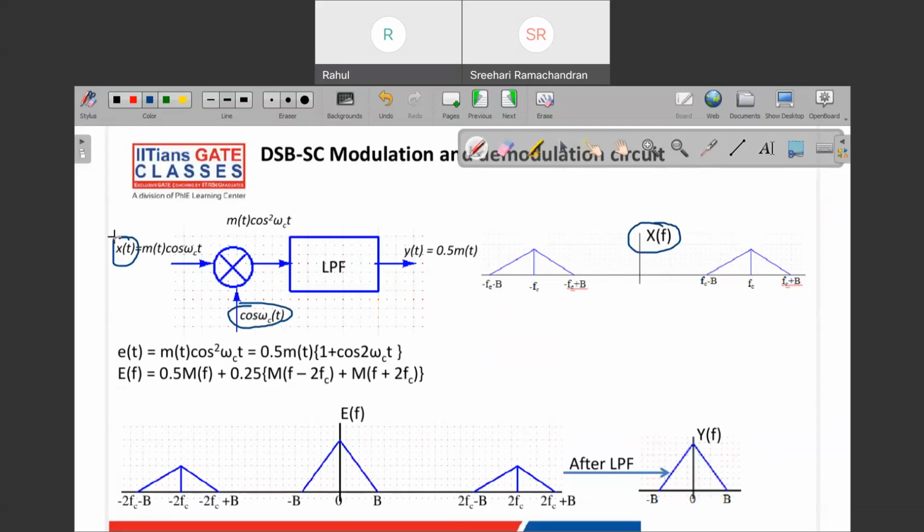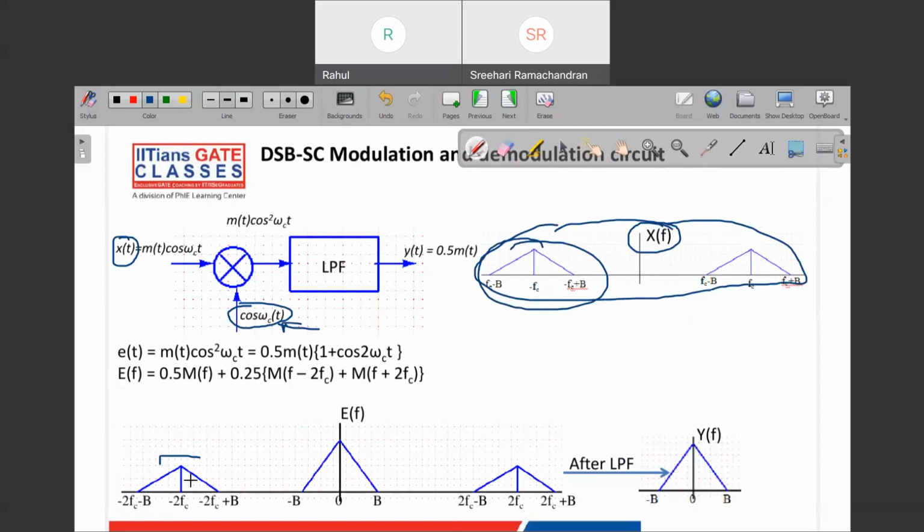So you take this modulated spectrum and shift it left and right by fc because you are multiplying it with cos ωct. So take this, shift it left, you get this one. And take this, shift it left, you'll get something like this here.